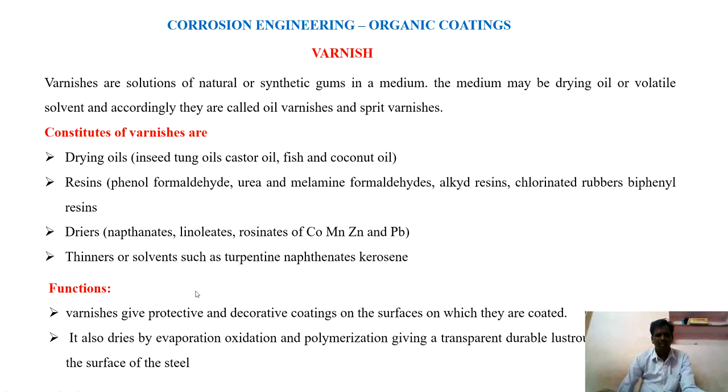So varnish gives a protective coating on the surface of the metal, and it also makes the coating more decorative. It also dries by evaporation. That means the oil will be dried due to evaporation, oxidation and polymerization. After drying, it will give a transparent, durable, lustrous and glossy film on the surface of the steel.